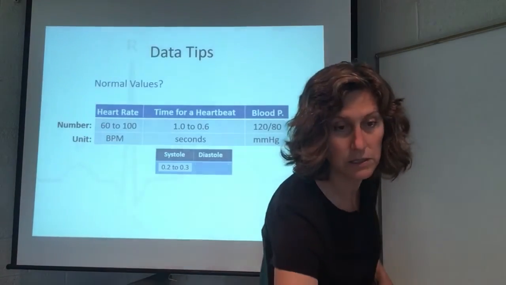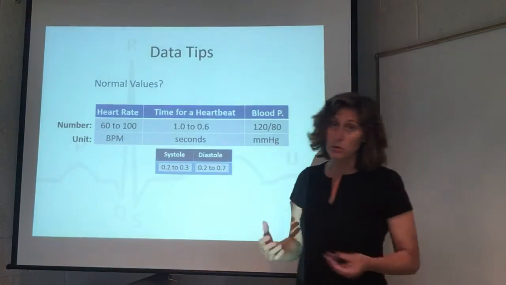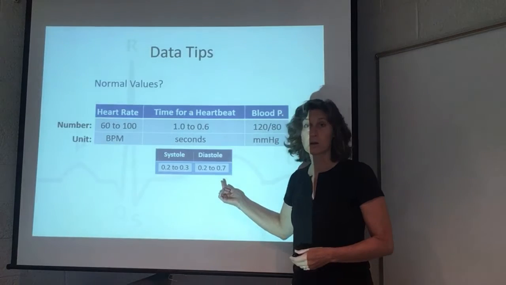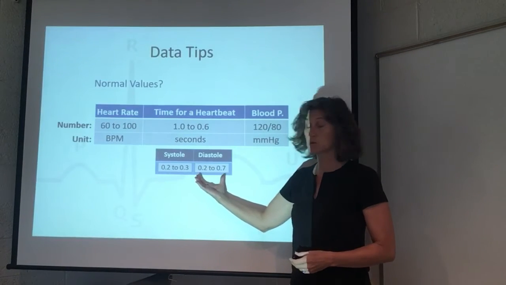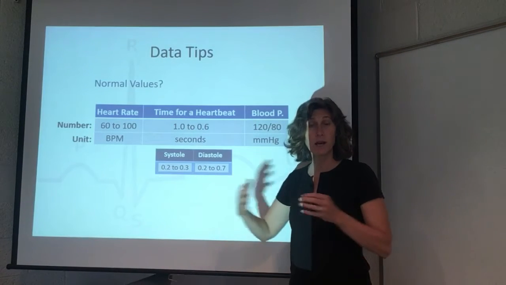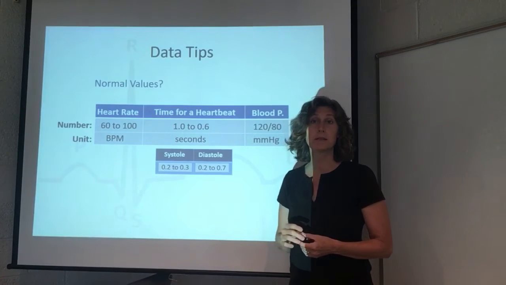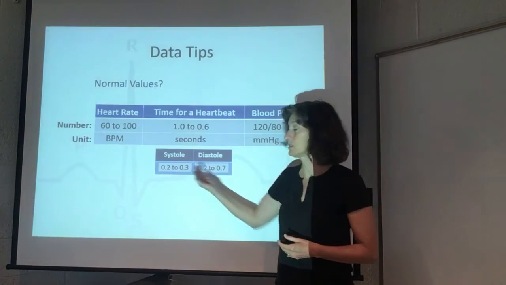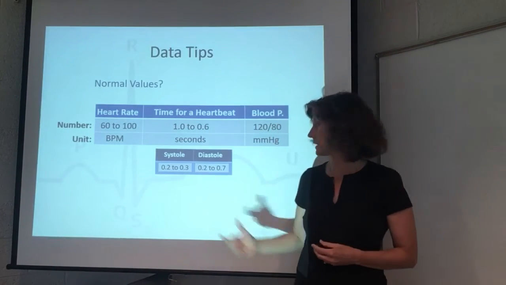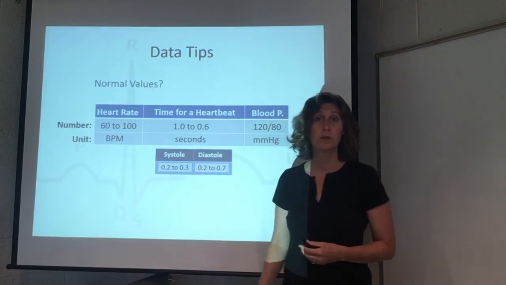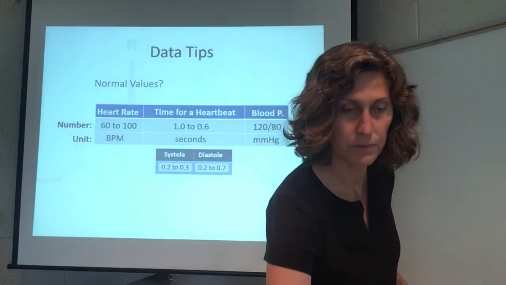And then diastole can also start around 0.2, but it can go much longer, to 0.7. So there's a wider range of time that typically is taken up in diastole on average than systole, but not always. They can both be around 0.2 of a second.